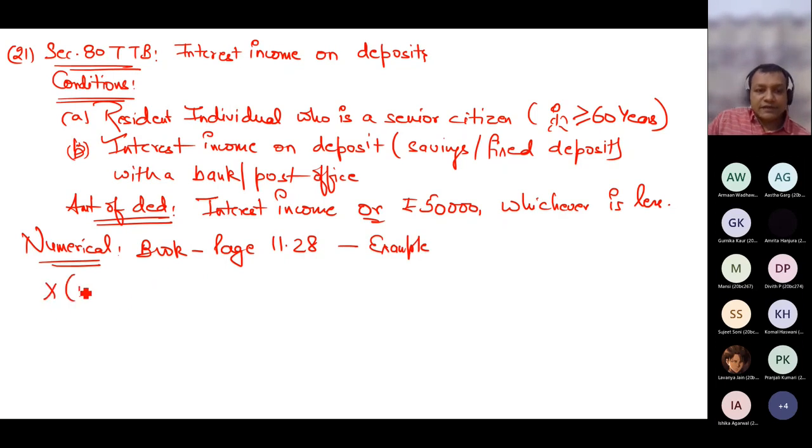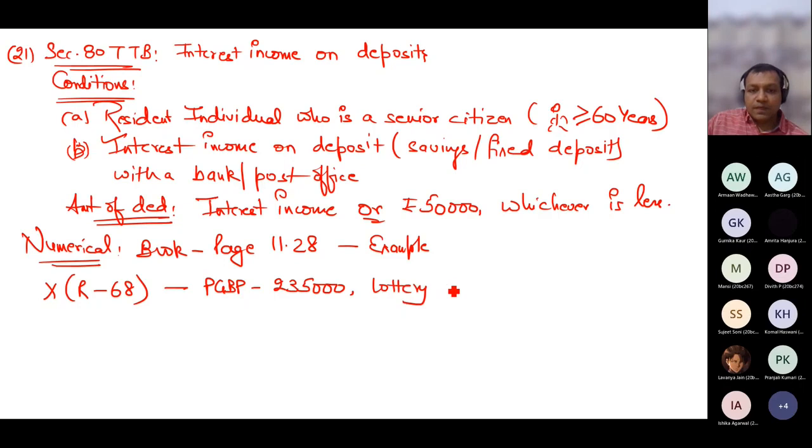X, resident, 68 years, PGBP income 235, lottery income 120, interest on FD with a bank 40,000.